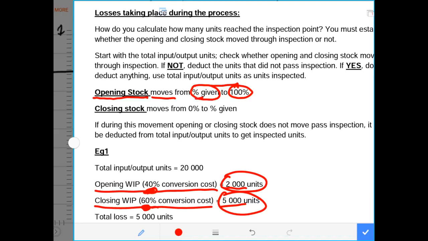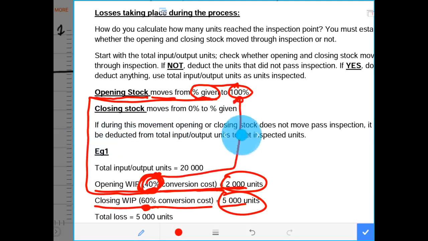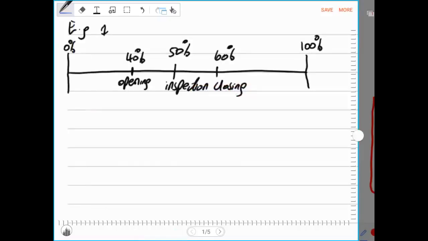And the given percentage of the opening stock in our case is 40%. That means the 40% units, which is the 2,000 units, which are 40% in terms of completion, they will move from 40% up to 100%. So now that means when we look at the underline, the opening stock will move from 40% up to 100%. That's what they are telling us in that sentence.